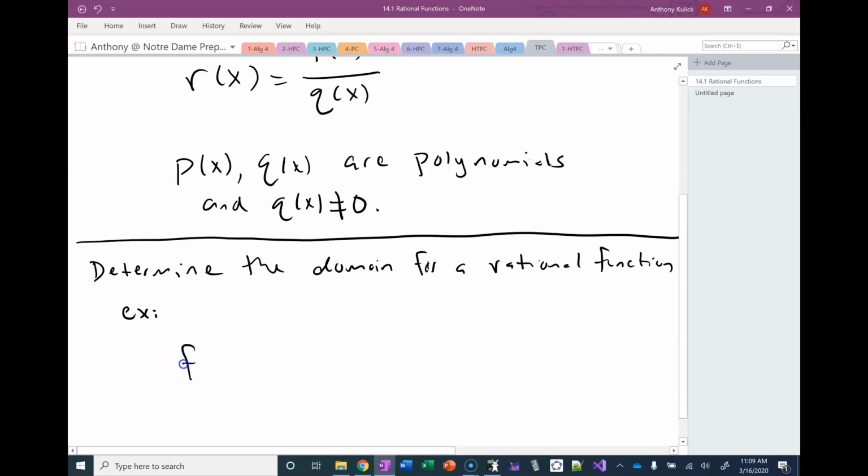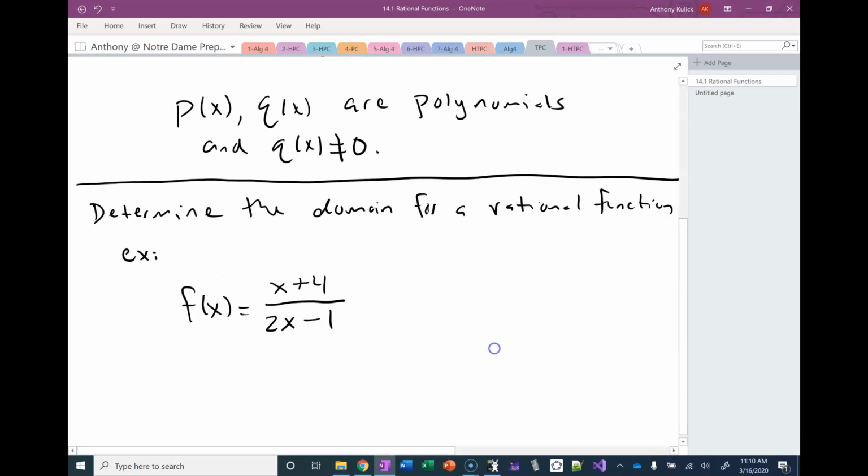The problem is that we have one polynomial divided by another polynomial, and we know that we can never divide by 0. So if the polynomial in the denominator of this rational function can equal 0, we can't get a value for, in this case, f of x.